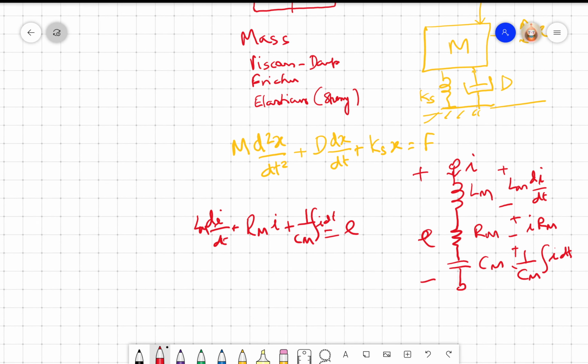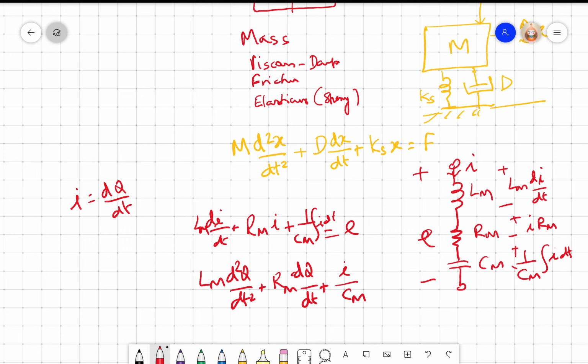Now I also know I is equal to dq by dt, right? So substituting here, I get Lm d square q by dt square plus Rm into dq by dt plus q by Cm, because q by Cm is equal to E, right?